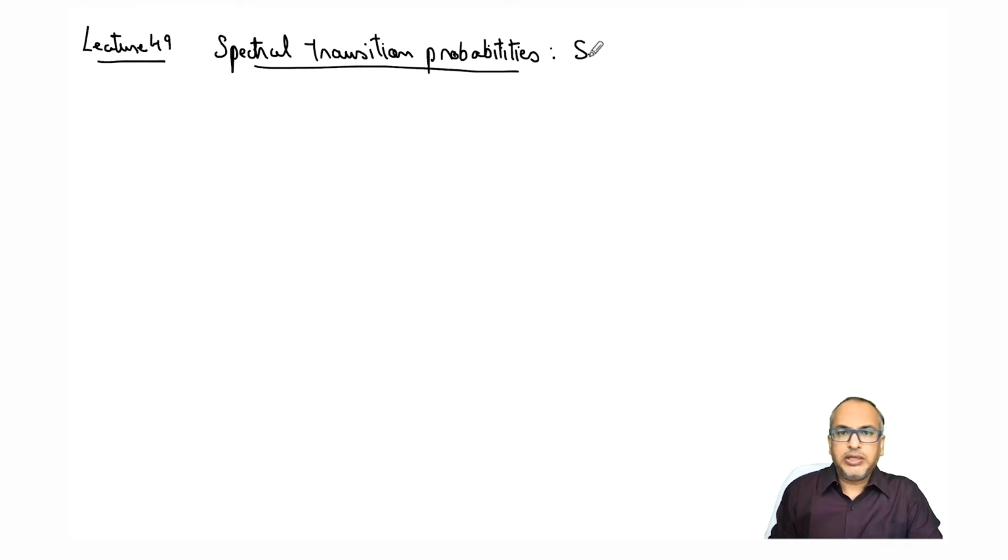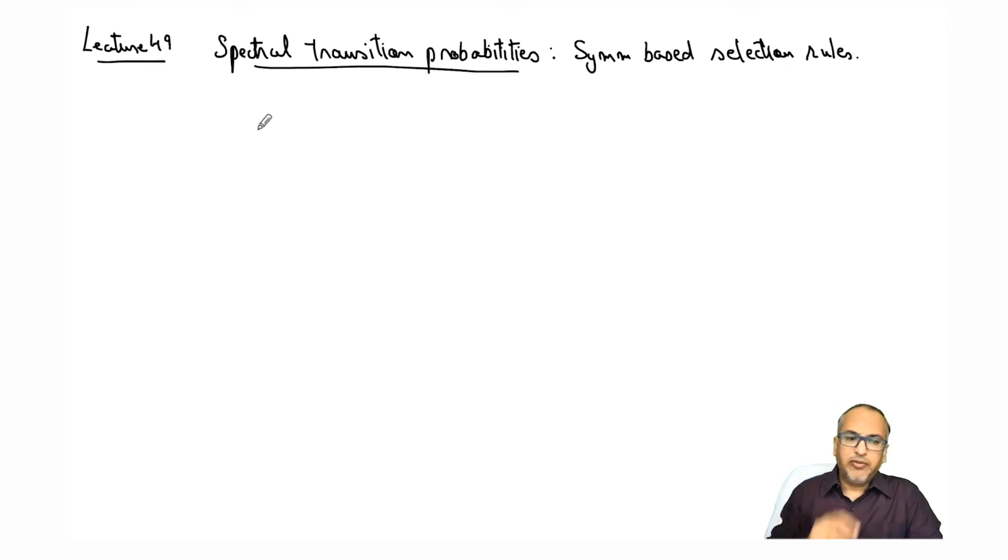And in this we will be discussing symmetry based selection rules. So we have already seen that various normal modes of a molecule can be catalogued using group theory, right? And we can also analyze what will be the symmetry of those normal modes. But now, whether we can observe those vibrations in IR and Raman spectra, because IR and Raman spectra are the ones where we are expected to see such vibrational modes.